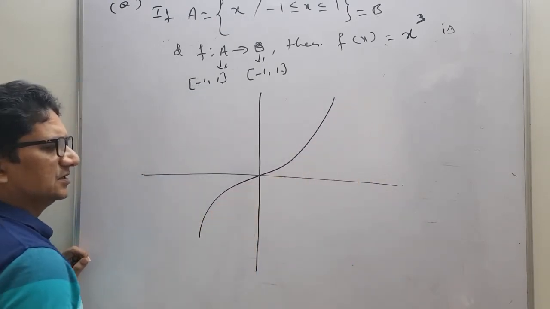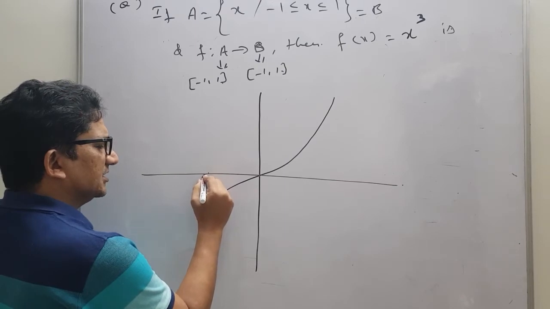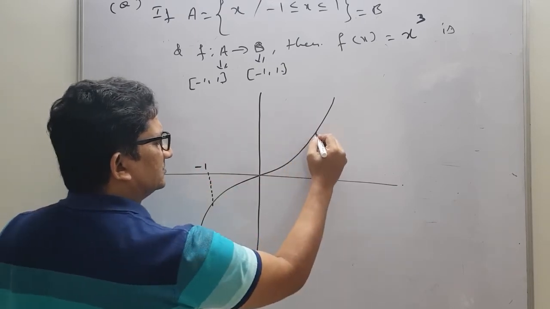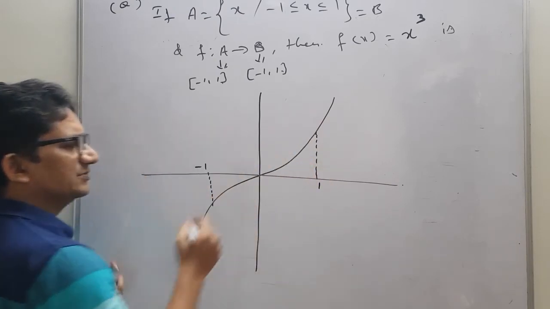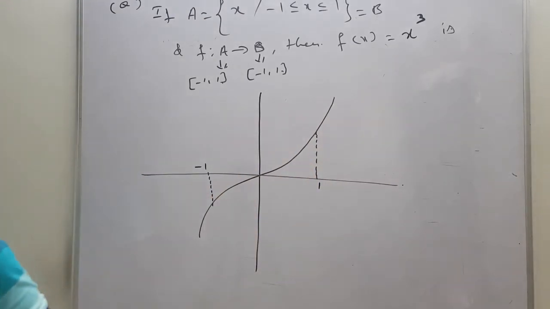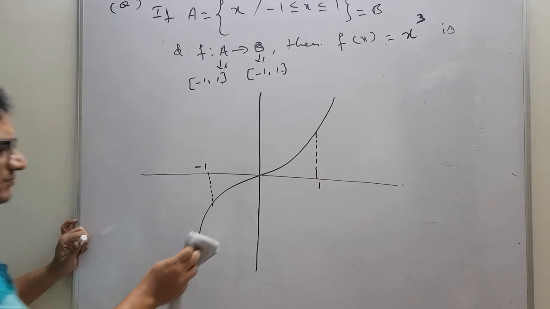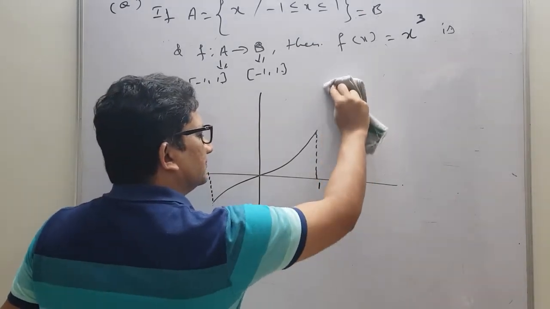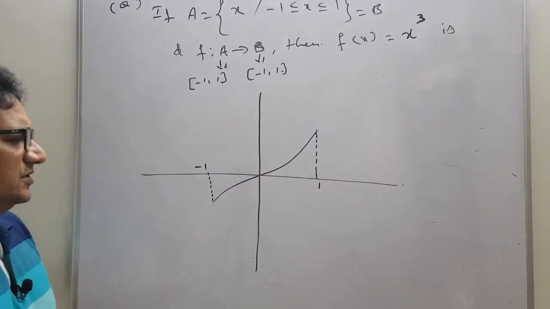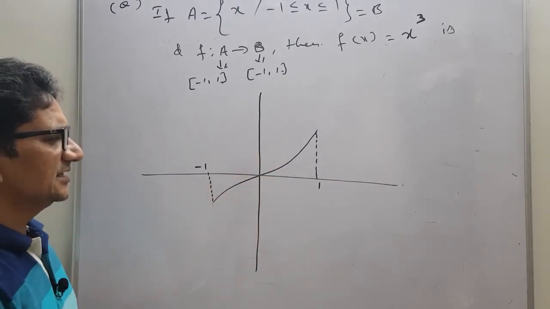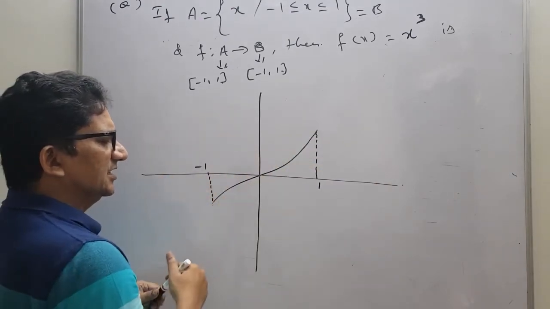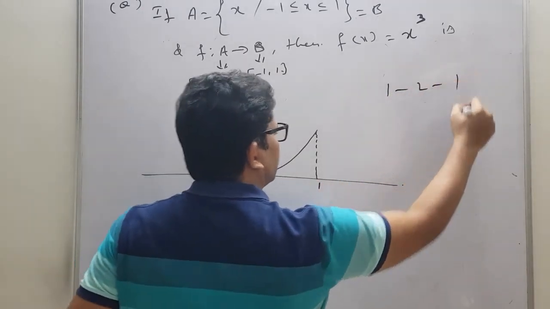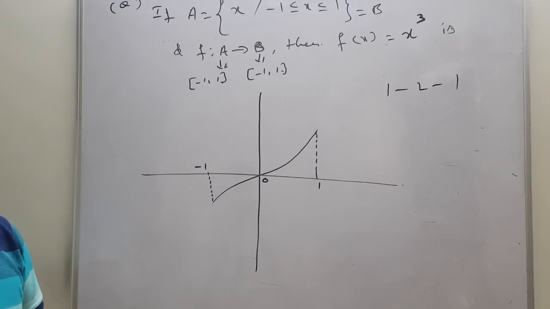The restriction is between minus 1 and 1, so not the complete graph, only this portion. In between these values, if you draw any horizontal line, it cuts the graph at one point only. So straight away we can write it as a 1-to-1 function.